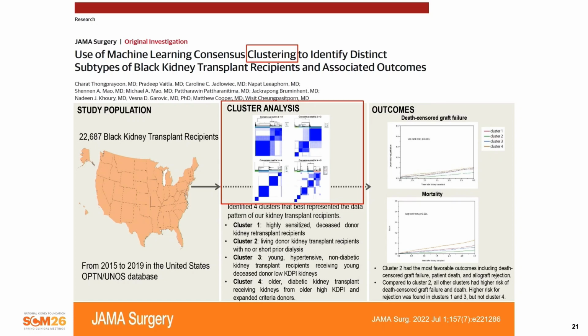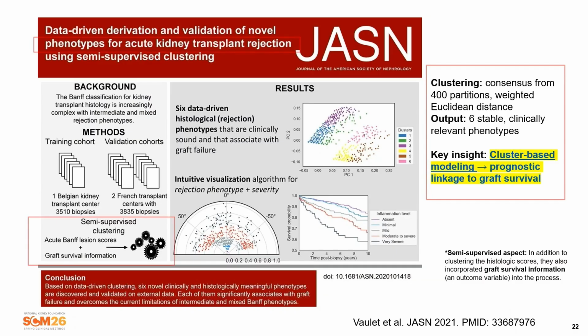This is our study that we published in JAMA Surgery 2022, where we used unsupervised machine learning to understand kidney transplant patients, the African American transplant patients in the United States, and see how many subgroups we have by the computer. We successfully identified them, and we found that these patients have different outcomes, which potentially helps us understand the differences between patients, to identify the right treatment and protocol to help improve the outcome. I'll give you another example.